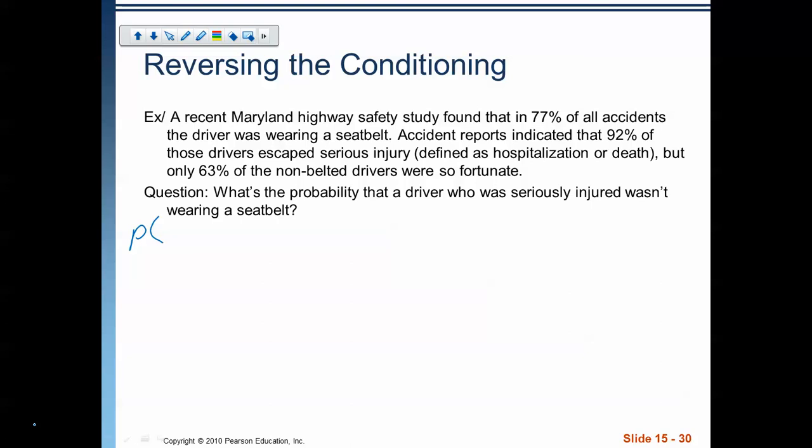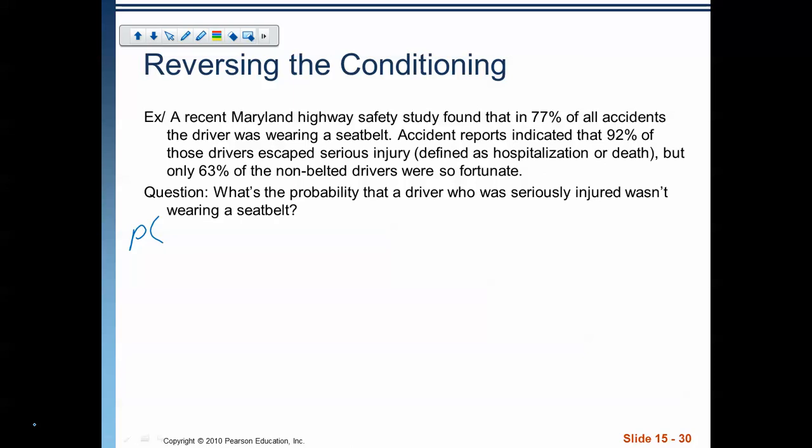Okay, so first things first. In terms of our notation, what is it we are trying to find? Not P of Kelsey, not the probability of being Kelsey. Kelsey, what were you going to say?